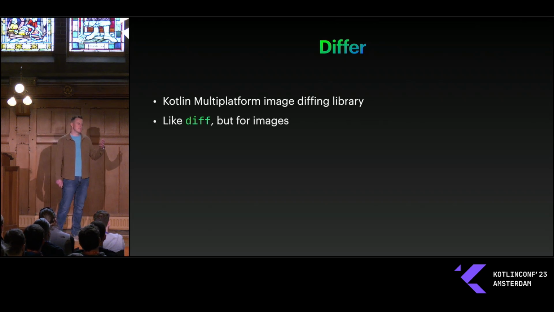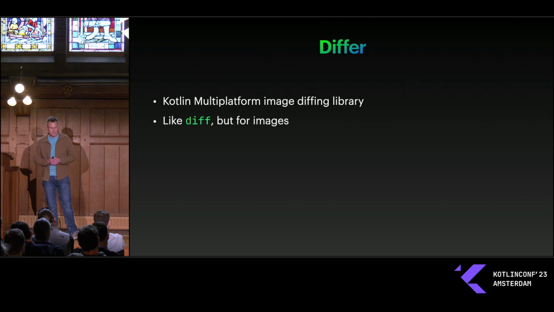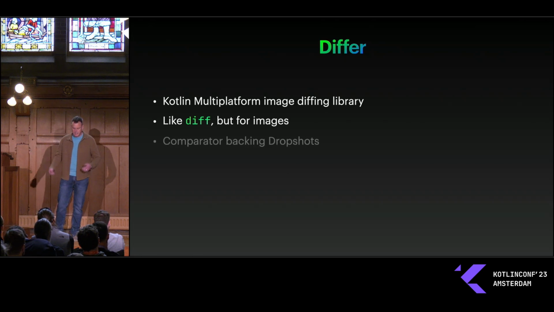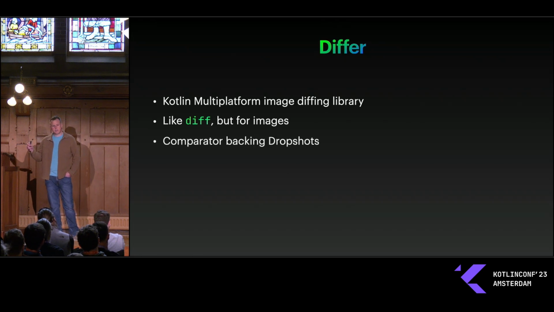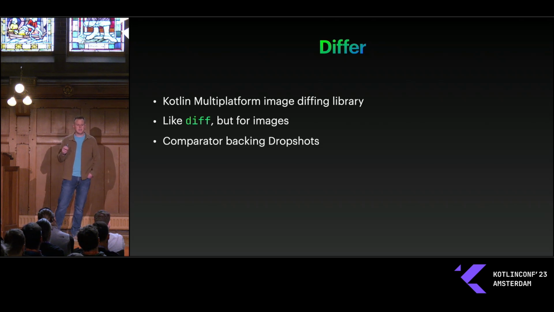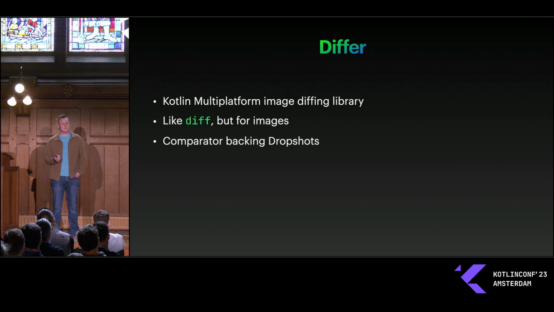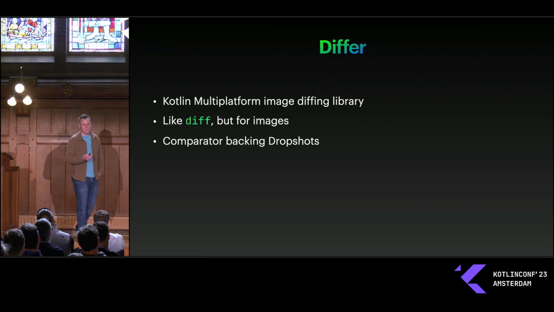This is very similar to diff that you might use at the command line. We use it with Git all the time, but for images. Differ is the image comparator behind DropShots, which is another open source library for on-device Android screenshot testing.